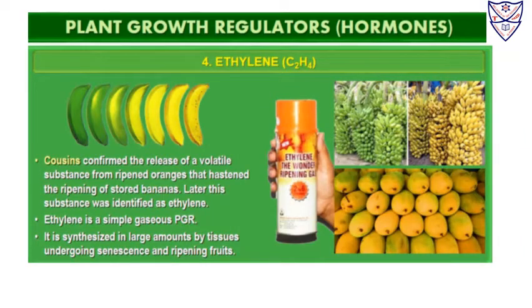Now let us study about ethylene. It was confirmed that a volatile substance released from ripened oranges hastens the ripening of stored bananas. Later, this substance was identified as ethylene. So ethylene is a simple gaseous plant growth regulator. It is synthesized in large amounts by tissues undergoing senescence and ripening fruits.